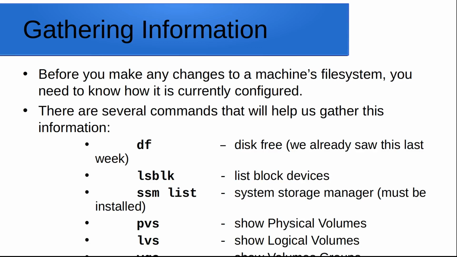You have to install that. pvs, which shows your physical volumes. lvs, which shows your logical volumes, and it's cut off at the bottom of the slide, but vgs, which shows your volume groups. All of these will require root access, so you need to stick sudo in front of those.